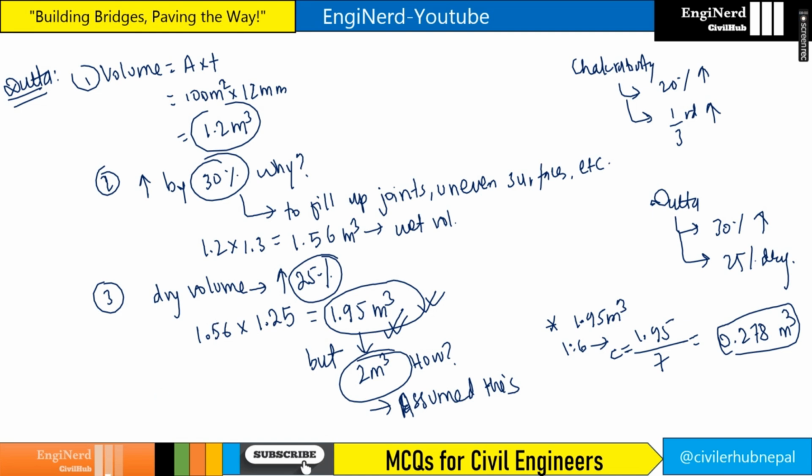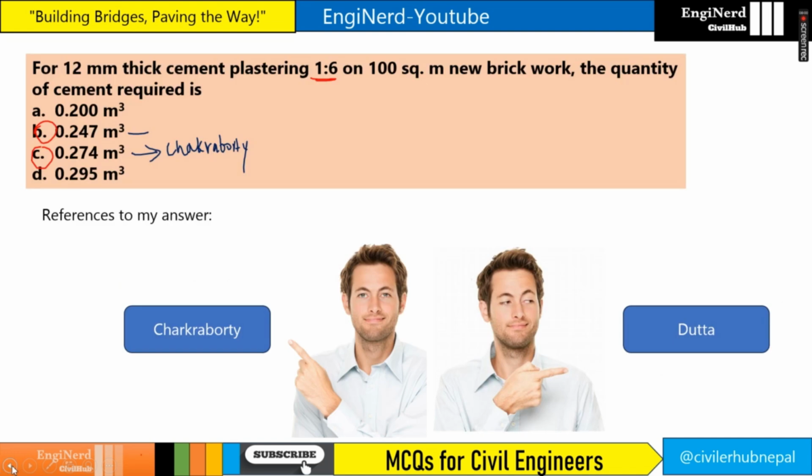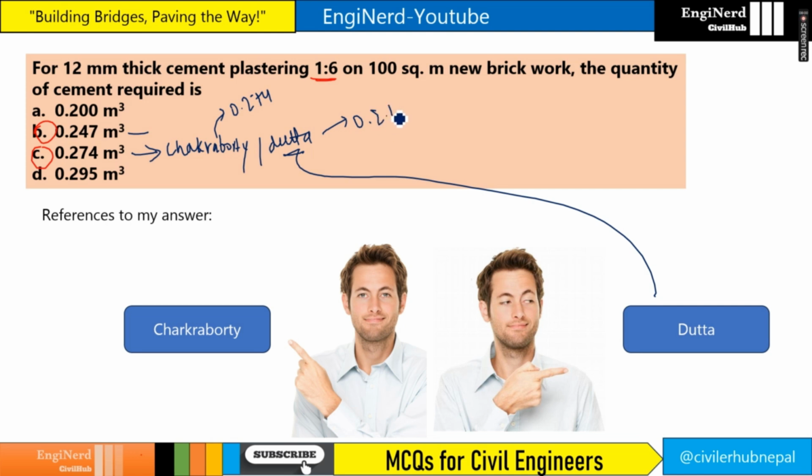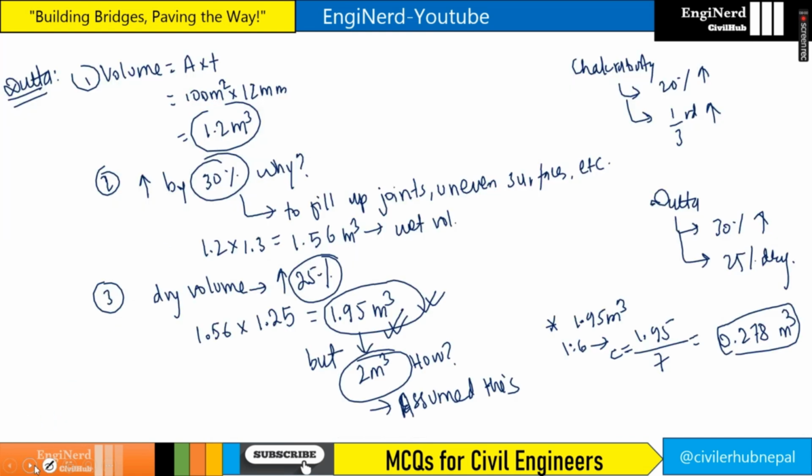So according to Chakrabarti exactly 0.274 and according to Datta 0.278. So there is no confusion in here.